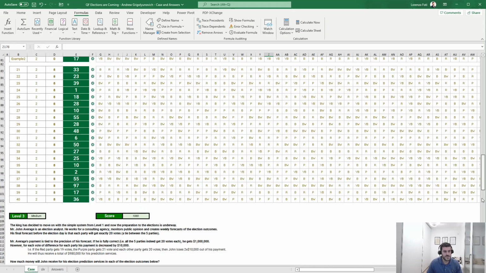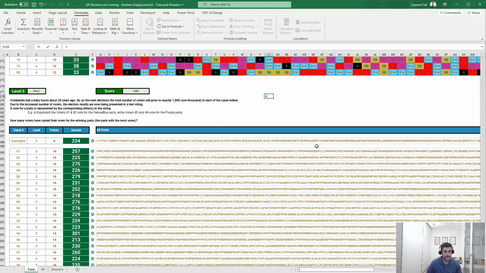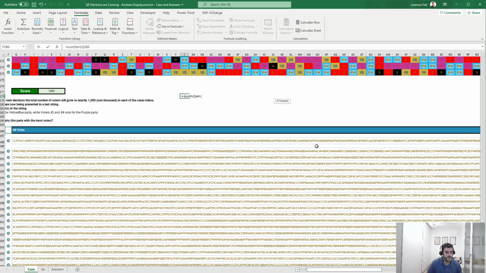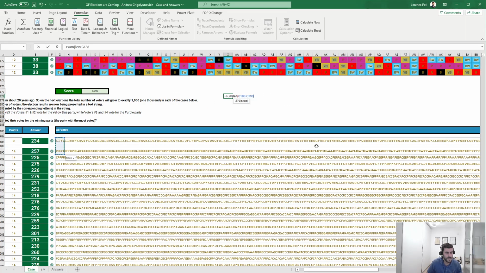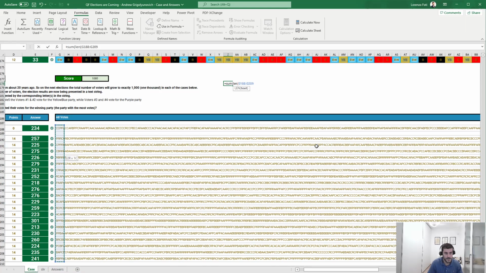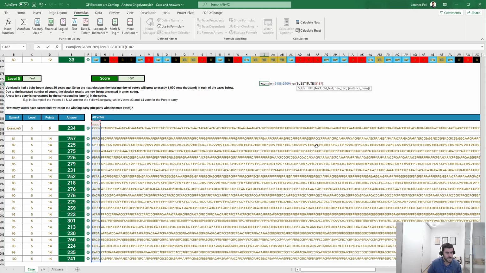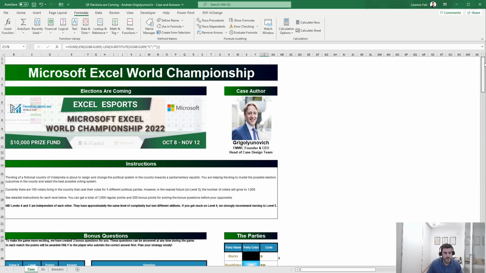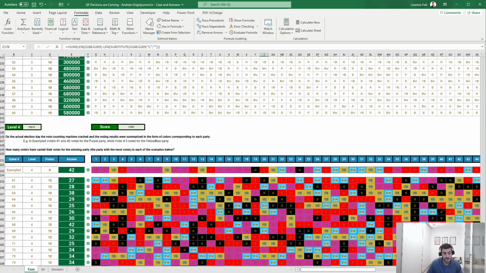The new code is A for level 5, so it will be the sum of LEN of this minus LEN of SUBSTITUTE this with, I don't remember what. So BW is obviously A.